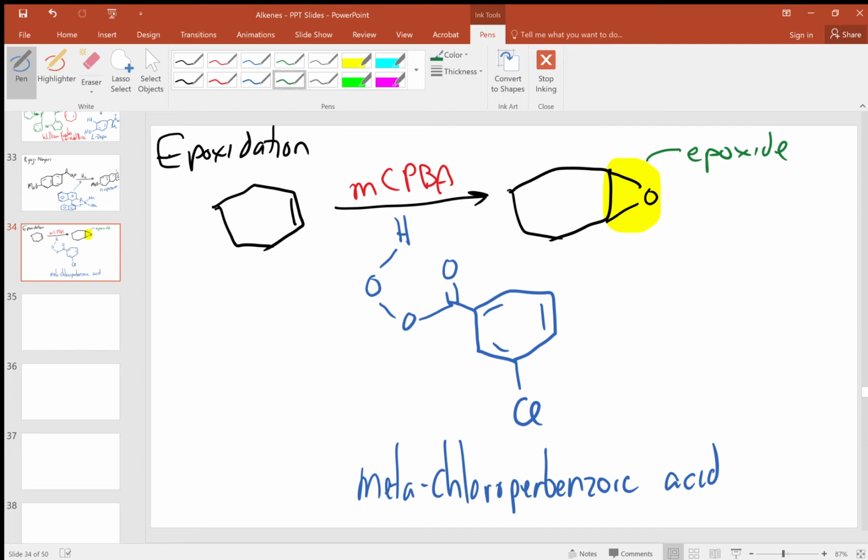And the alkene in it will react in this way. And that's the entire mechanism for the reaction. And it gives us an epoxide. Again, when we get to the chapter on ethers, we'll talk about what we can do with them.